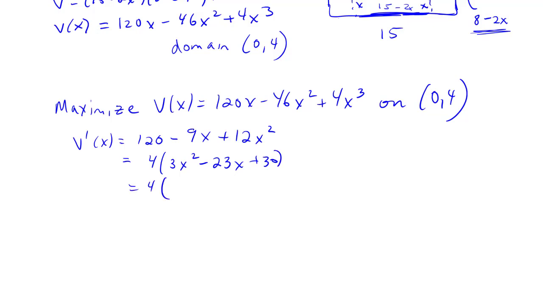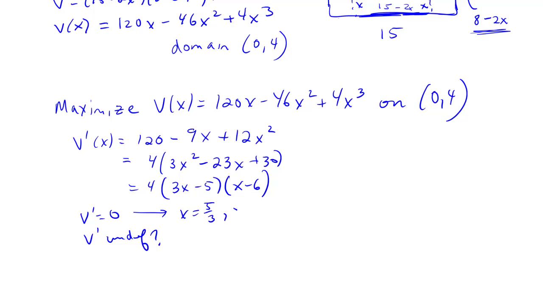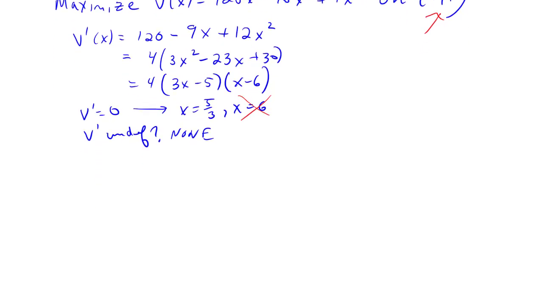That's 4 times 3x minus 5 times x minus 6, if we factor that, okay. And then we're looking, where is V prime 0? Where is V prime undefined? Well, it's obviously 0 if we have x is 5/3 or x is 6. And it's not undefined anywhere. But you know, I'm actually going to get rid of x is 6 because it's not on my interval there.